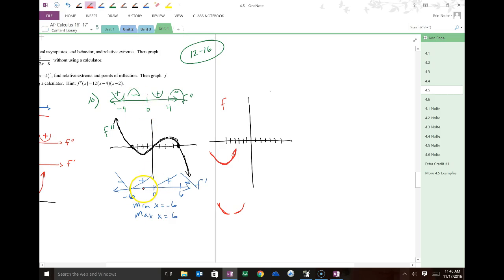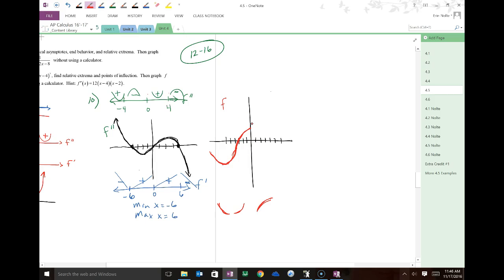So -4 to 0, we have a positive slope. So a sad face with a positive slope is going to be, whoops, like this. We're going to curl upward. I don't know, it's going like that.